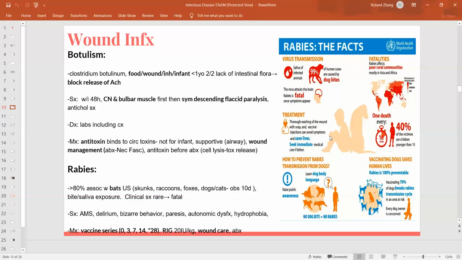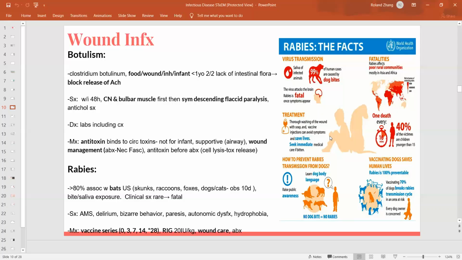It's a series of 4, but if it's a high index of suspicion, it's 5 doses over 5 days. And you should also start them on antibodies around the bite site, and also wound care and antibiotics.